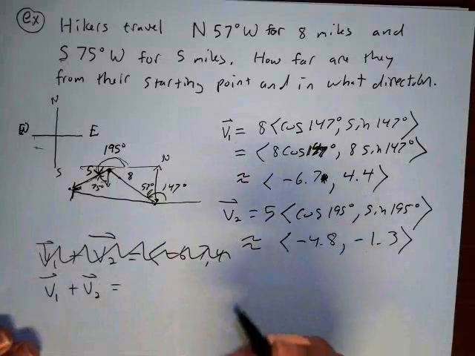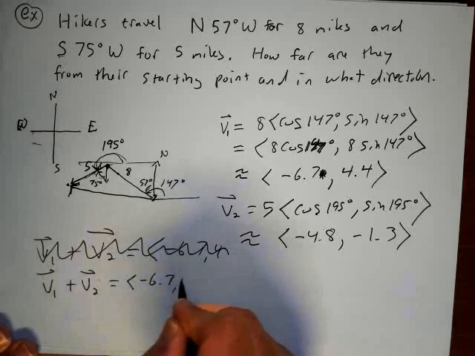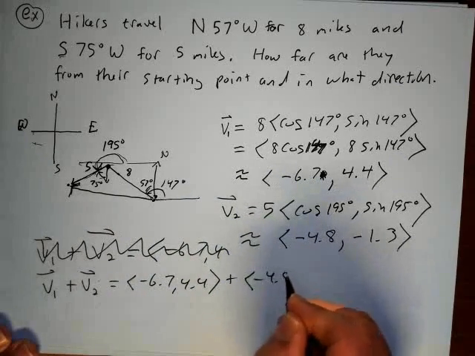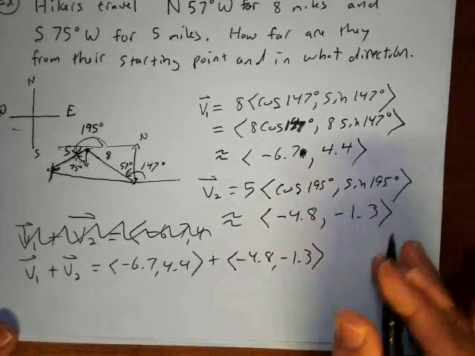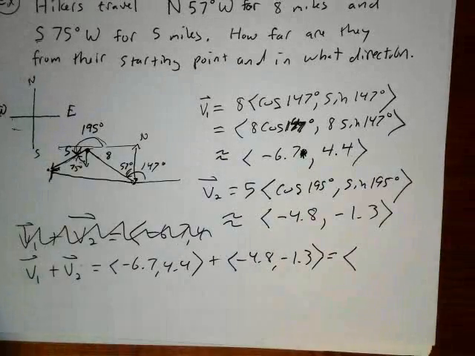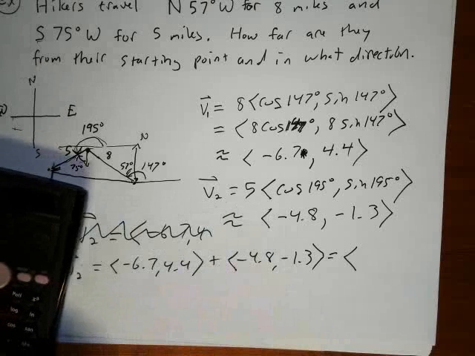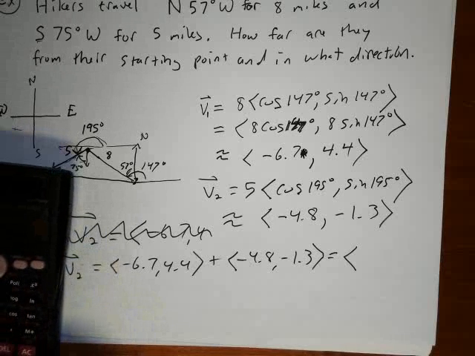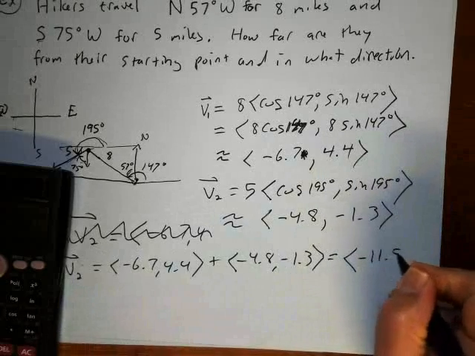This is going to be negative 6.7, 4.4, plus negative 4.8, negative 1.3. And so adding these together, I get negative 6.7 plus negative 4.8, and that's negative 11.5.